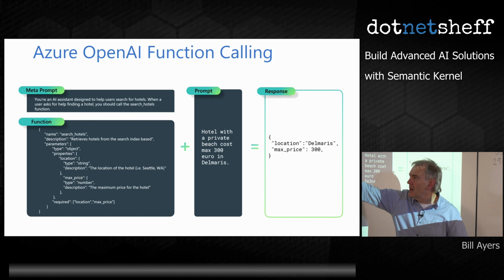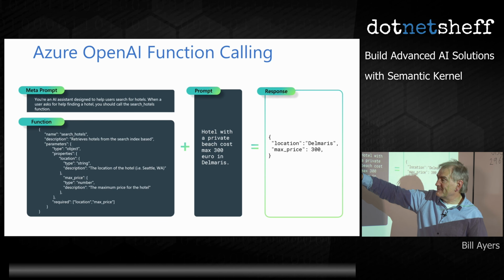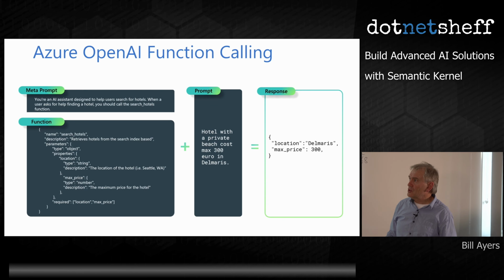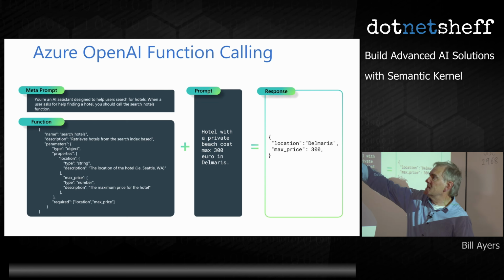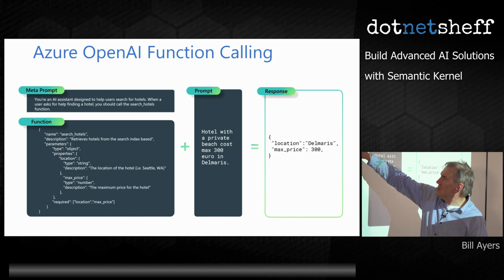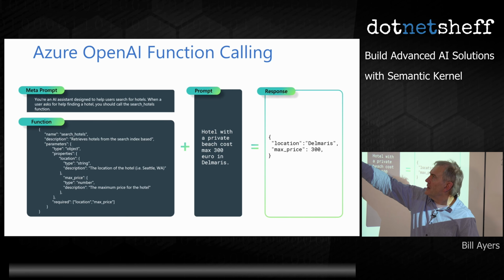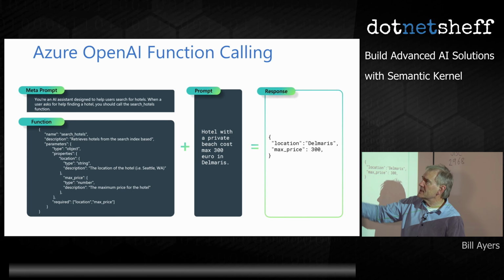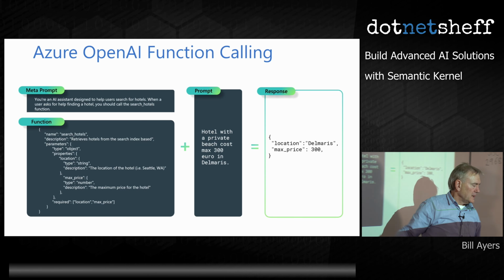In this case, it's a hotel search function. So the description of the function, the system prompt, we call it meta prompt here, is: you're an AI assistant to help users search for hotels. You should call the search hotels function.